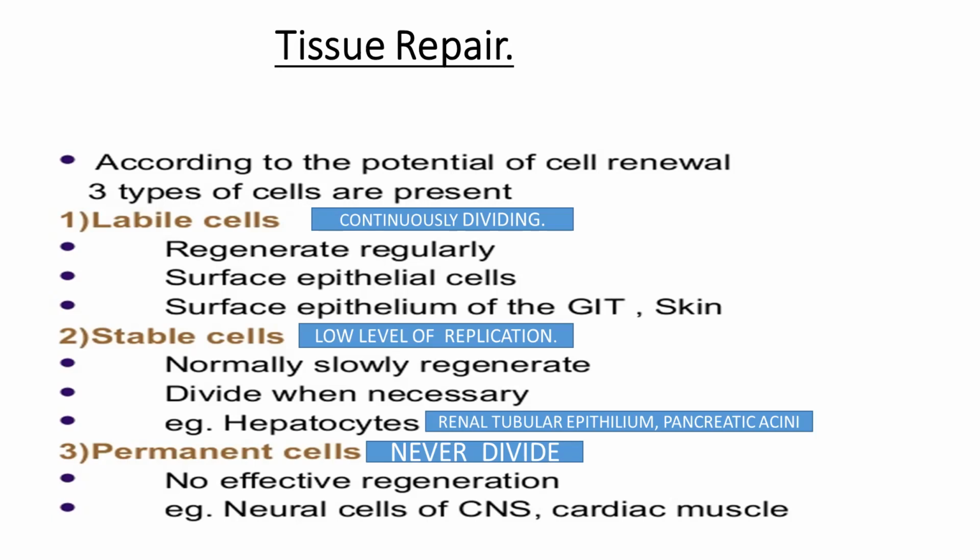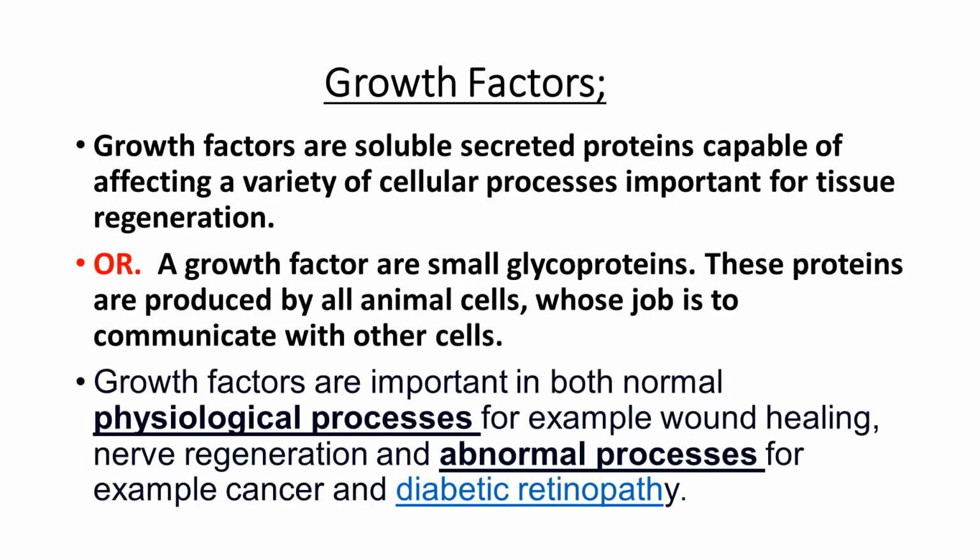The stable cells, with a low level of replication, normally regenerate slowly and divide when necessary. Examples are hepatocytes (liver cells), renal tubular epithelium, and pancreatic epithelium. The permanent cells never divide and have no effective regeneration. Examples are neural cells of the central nervous system and the cardiac muscles.